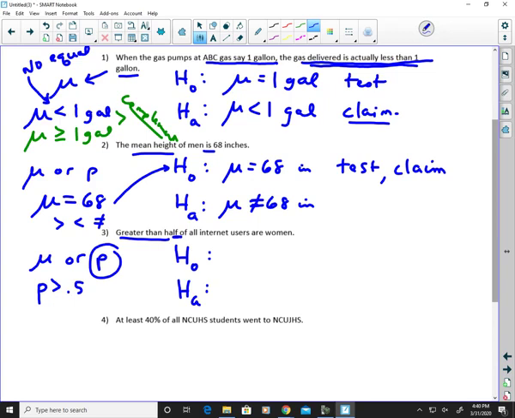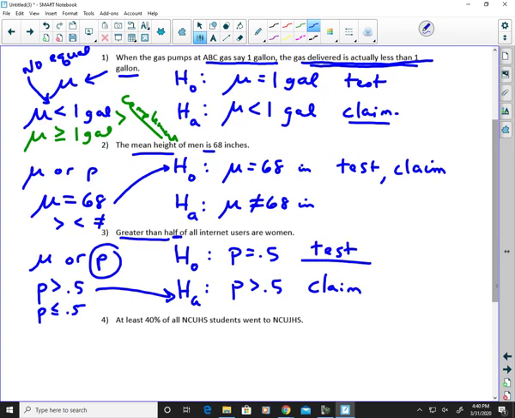No. Do not see an equal sign on that, so it will be my alternative. Now the textbook would have written the null as being less than or equal to 0.5, but we're just going to use an equal sign. So P equals 0.5, and the claim that was in the sentence was greater than 0.5. But I always test the null, always test the null.